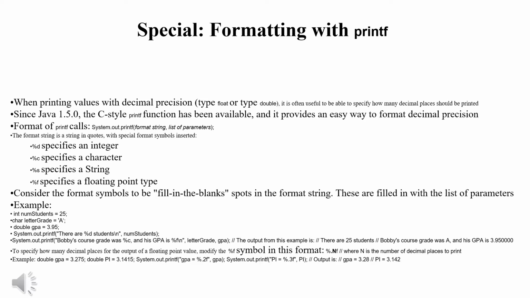So sometimes you want to print the value of some variables. This variable can be a character, can be integer or double. So you can print the value of variable with printf. But how?